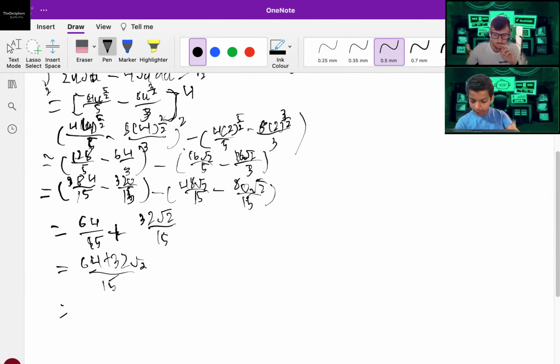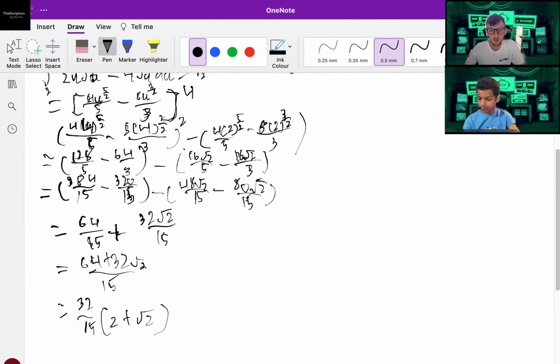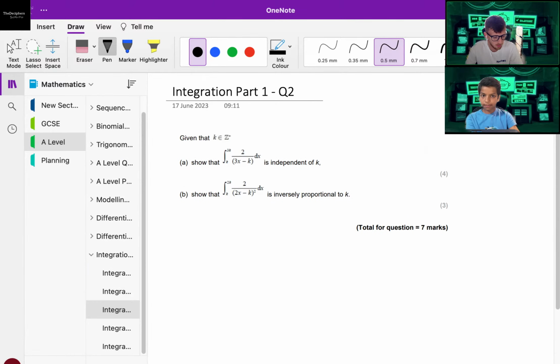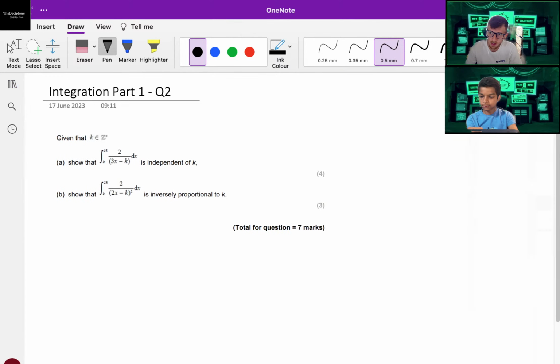So we need to factor out 32 over 15, and that is 2 plus root 2, and we'll solve the question. Fantastic. Spot on. That's really good working out there, because it showed steps all the way, exactly what the examiner would want to see. Well done there.